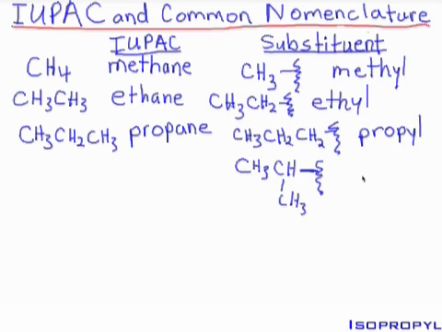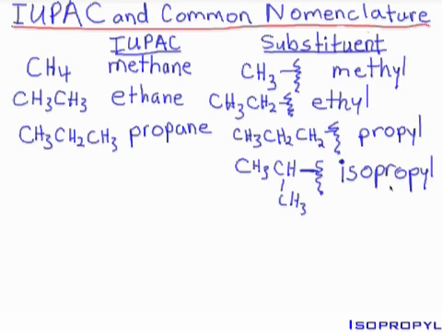It is a substituent that, instead of attaching to a CH2, CH2, CH3, has a middle carbon with two CH3 branches off of it, attached to a long chain. Structurally, it's very different. Once it attaches to a chain, it's a different substituent. We can't give it the same name. So historically, this was given a name which meant the same as propyl, and so it was called isopropyl because it was derived from propane.